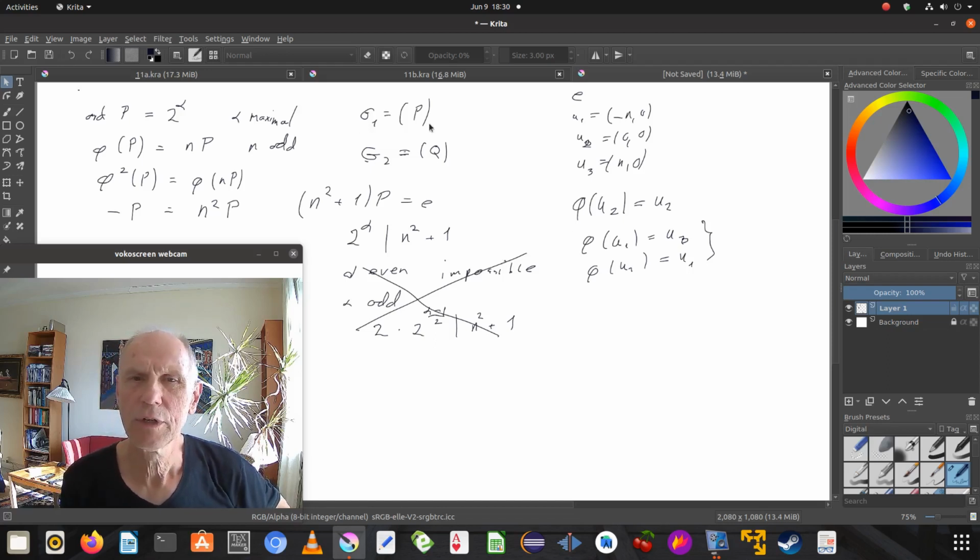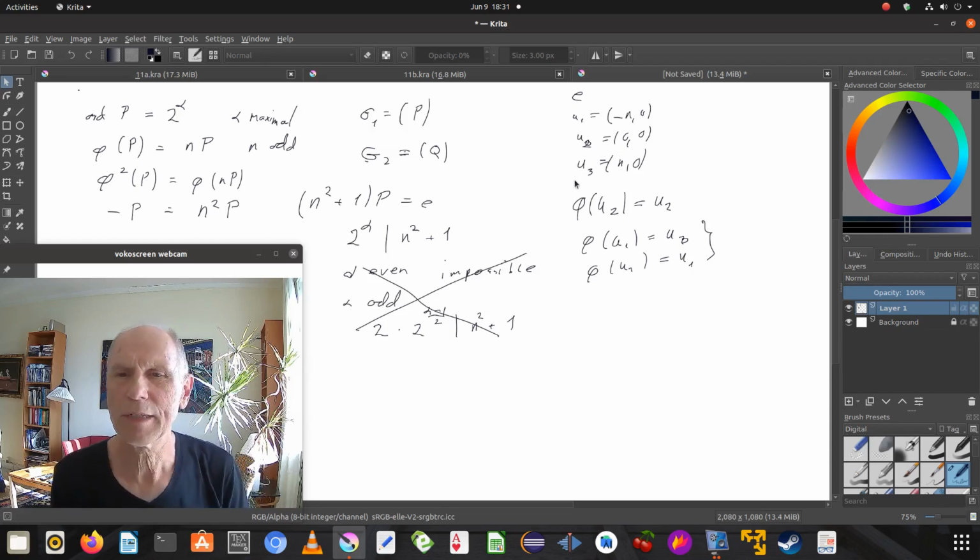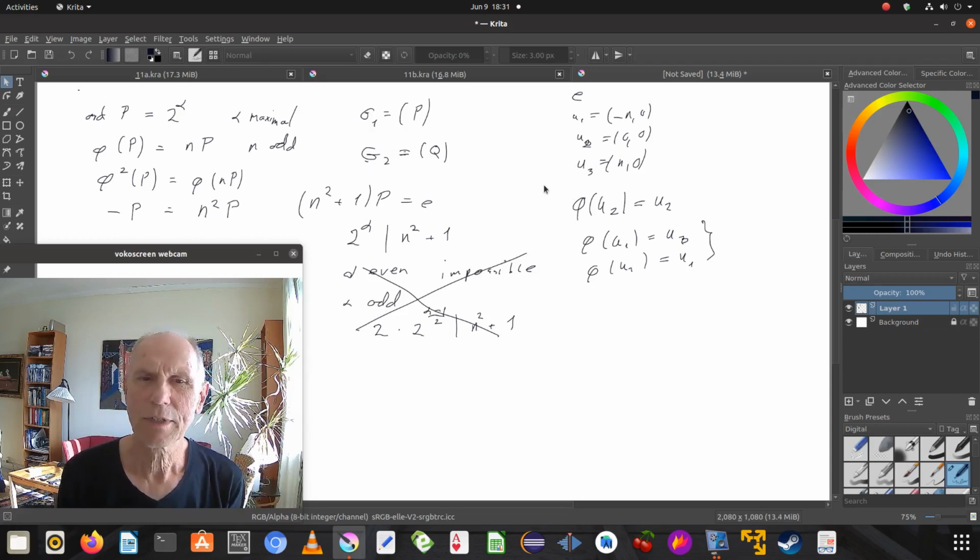Because in each of these, that's what bothers me, there's only one element of order 2, and in the group we have 3 or 4 altogether. Oh, of course, that's the sum of 2 of them. Now we're beginning to make some sense of it. I don't know exactly what the truth is yet.